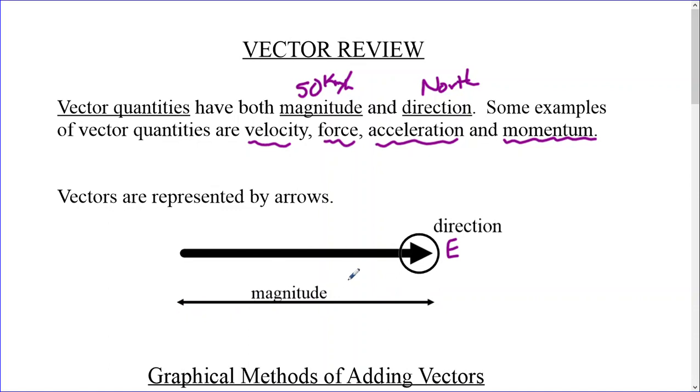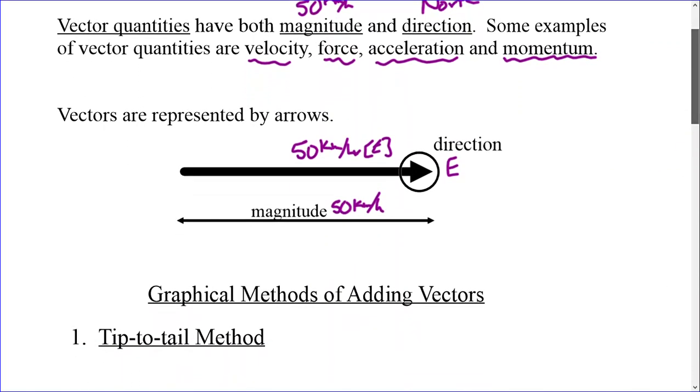Magnitudes are just saying that this thing is, say, 50 kilometers per hour. It's just giving the idea of a velocity. Whereas this one is saying specifically 50 kilometers per hour and specifically heading east. Okay, so that's the idea of what a vector is.